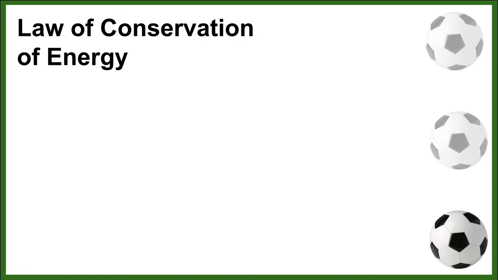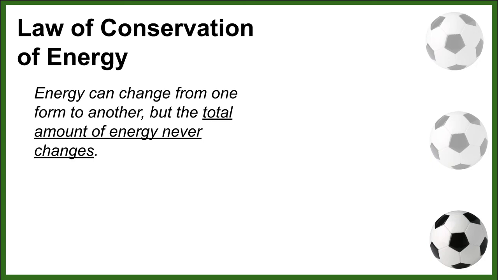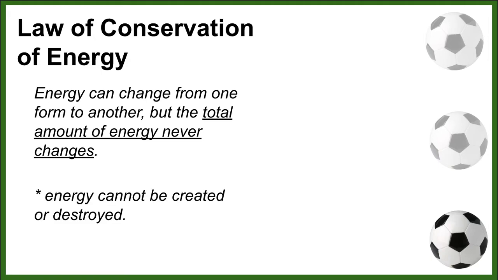And this one is called the law of conservation of energy. That the amount of energy that you start with will equal the amount of energy later on. The energy can change from one form to another, but the total amount will never change. Another way that sometimes you hear this stated is that energy cannot be created or destroyed. However much you have to start with, that's how much you have at the end.